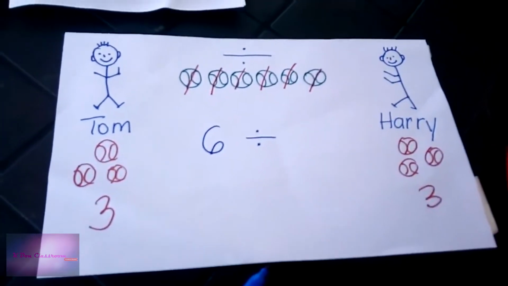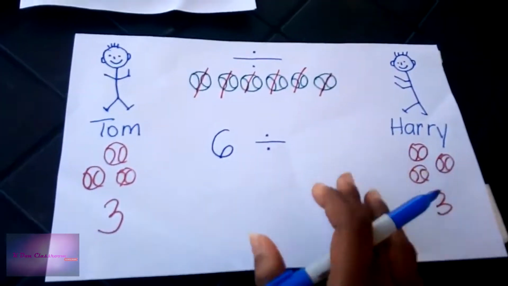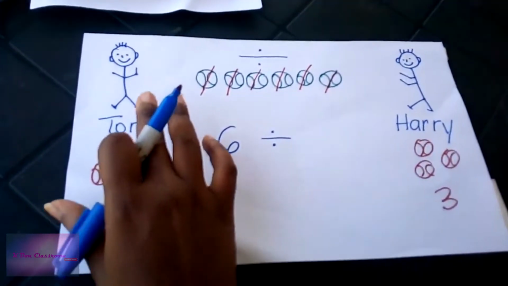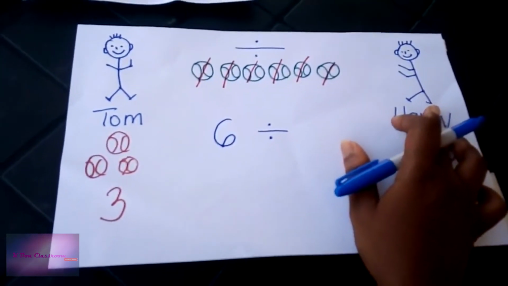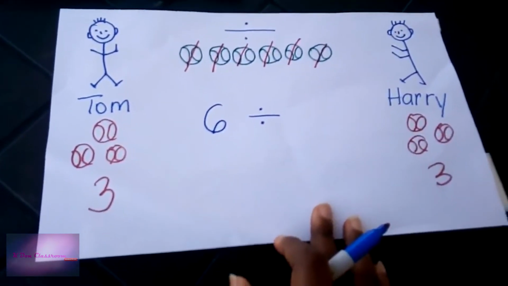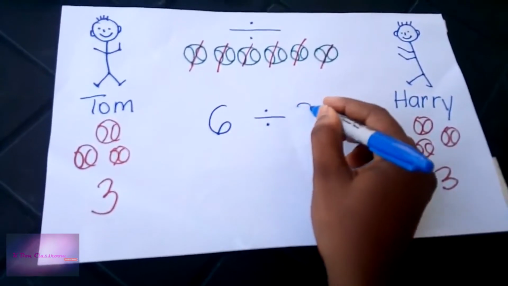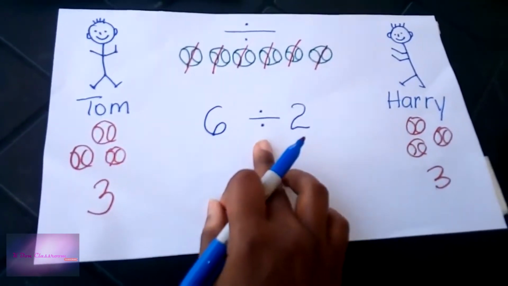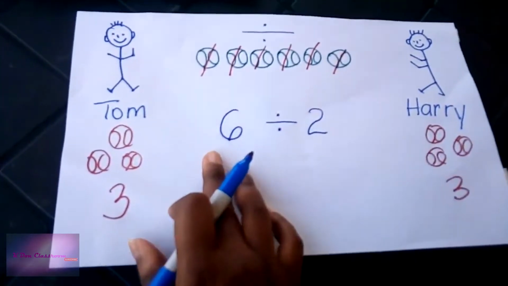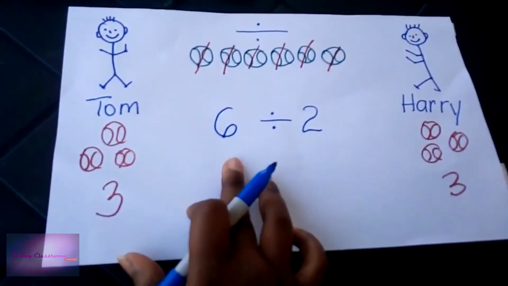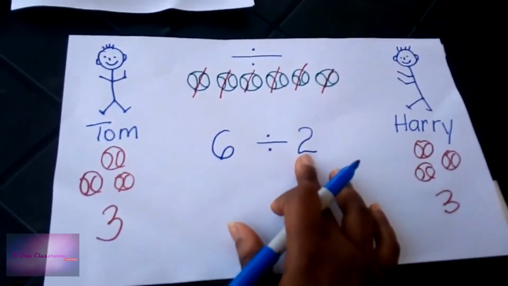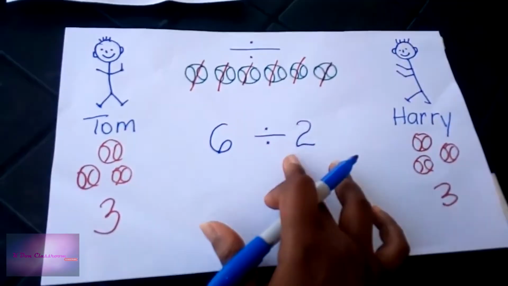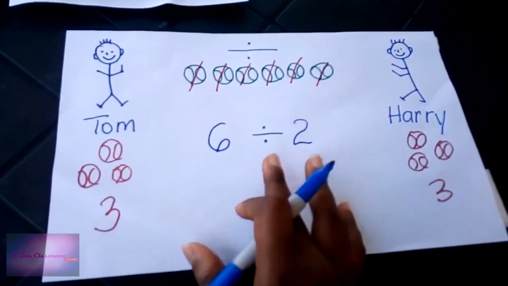Now, how many persons was I sharing it for? I was sharing it between Tom and Harry. So I'm sharing it for 2 persons. So I must write 2 after my sign. So the 6 tells us the total amount I have to share, and the 2 tells us how many groups I will share my 6.